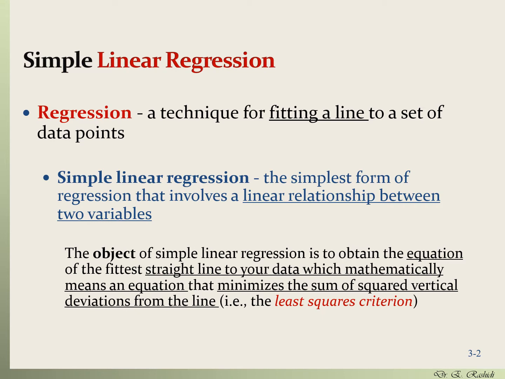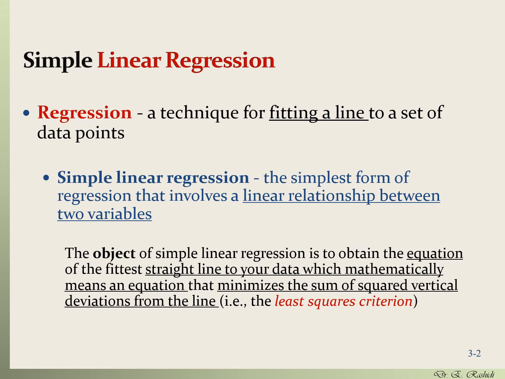Simple linear regression is the simplest form of regression model that involves a linear relationship between only two variables: the dependent variable, or the variable of interest that you want to make a prediction for, and the independent variable, or the predictor factor that you think has influence on the variable of interest.